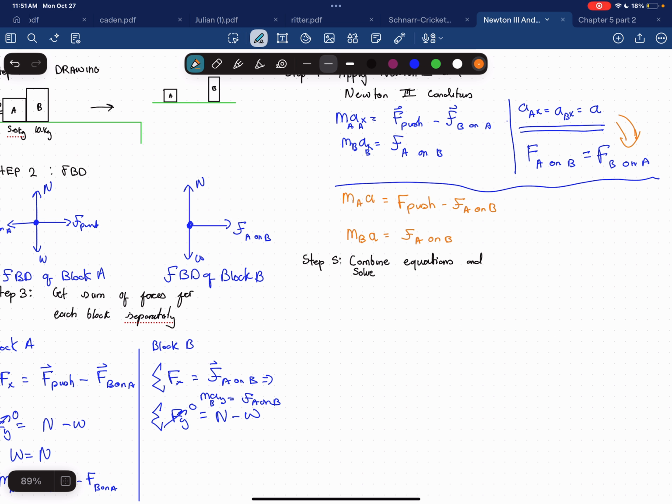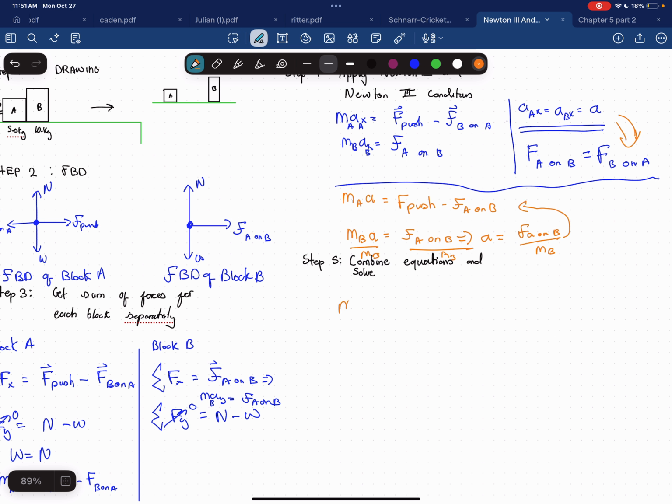So I can now simply solve for F of A on B, what I want, by combining the two equations. First I can get the value of a from this equation. If I solve for a here, a is going to be equal to the force of A on B divided by m_B. Then I can plug this a into that equation.